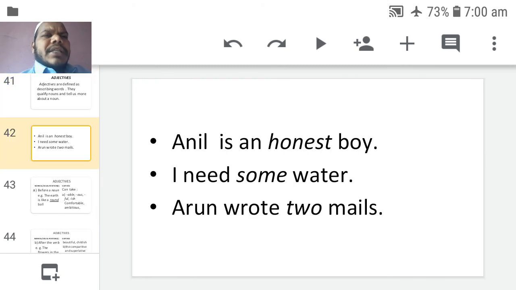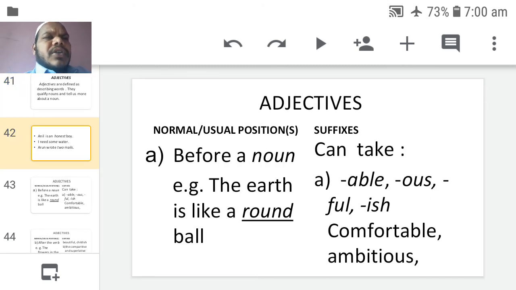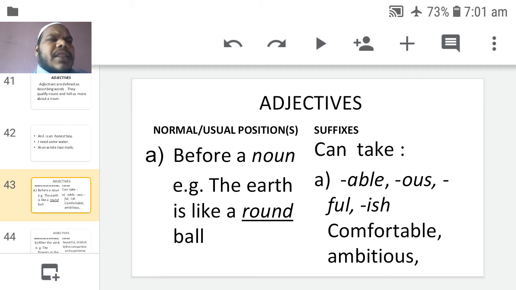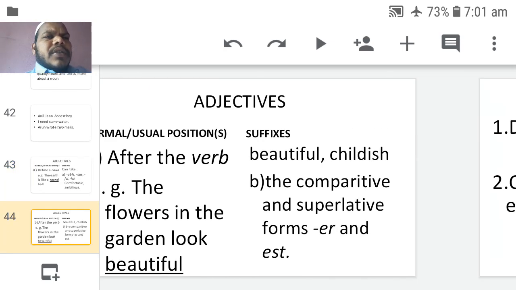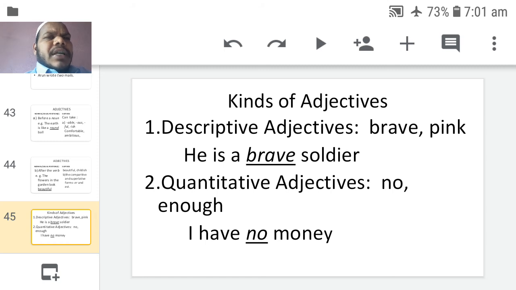We have seen an honest boy, some water, 2 miles, and the position of the adjective: it comes before a noun, and it takes suffixes like able, ous, ful, ish and er, est.